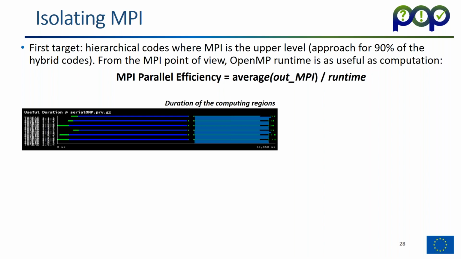And what do I mean by this kind of upper level of MPI, that kind of hierarchical code? What I mean basically is that while MPI is only executed by the master threads, and while MPI takes place, all the other threads are either idling, if that happens outside a parallel region, or they are waiting in a barrier, if that happens inside a parallel loop.